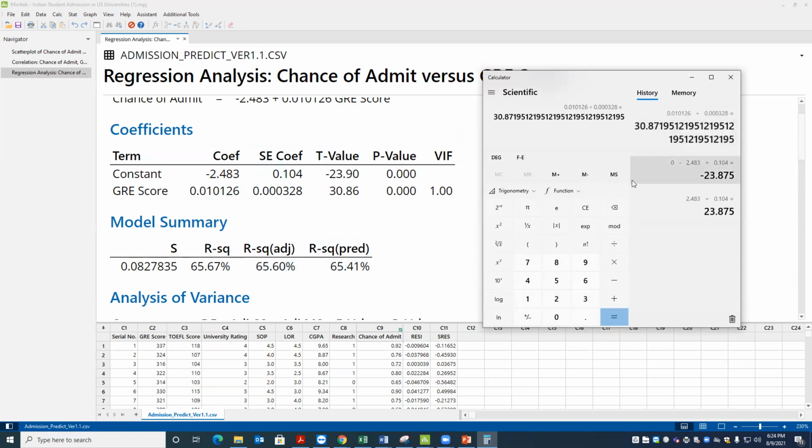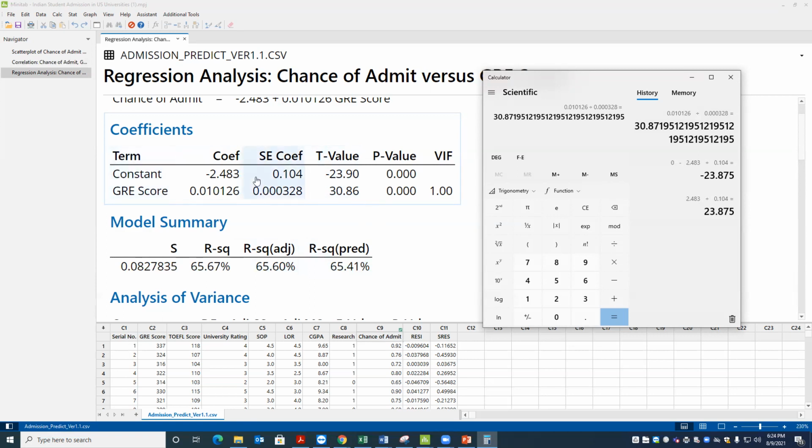Okay. Can you see this is 30? Are you able to see my calculator, which is on top of Minitab? Yes, we see it. Yeah, so this is 30.